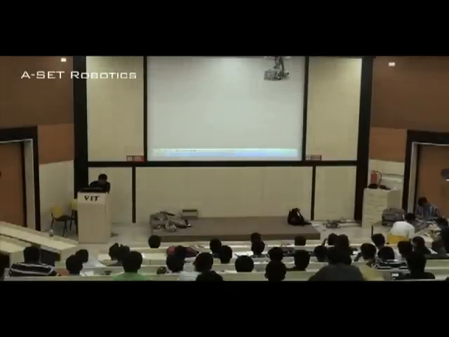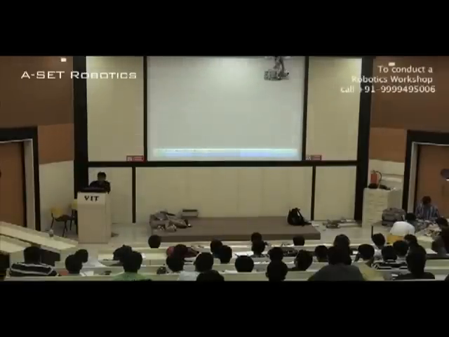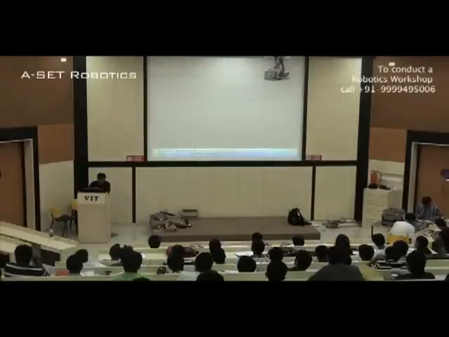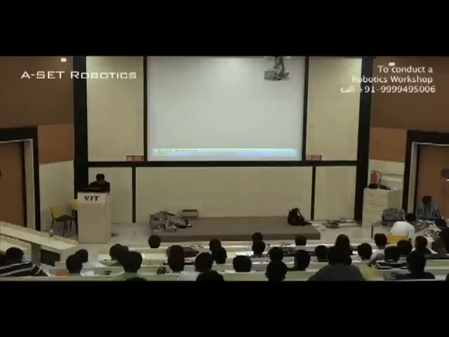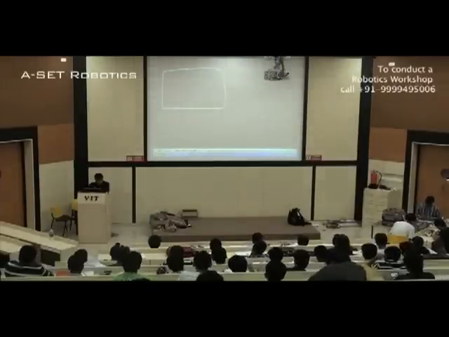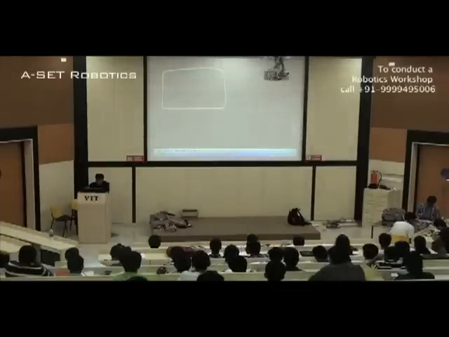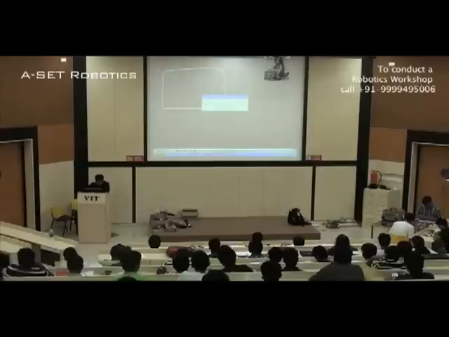Now I earlier told you that there would be a diagram that you would have made out here, which would be the ALU and accumulator registers and all, and after that you will make registers out here. I'm enlarging it for your ease.